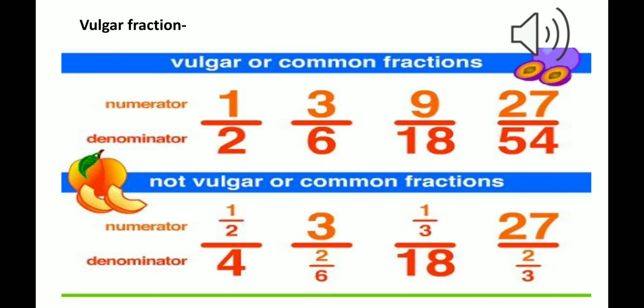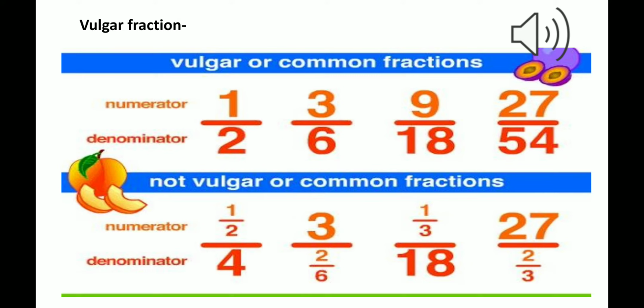And when the denominator is something other than 10, 100, 1000, 10,000, then the numbers are known as vulgar fractions, like 1 by 2, 3 by 6, 9 by 18, 27 by 54, and so on.